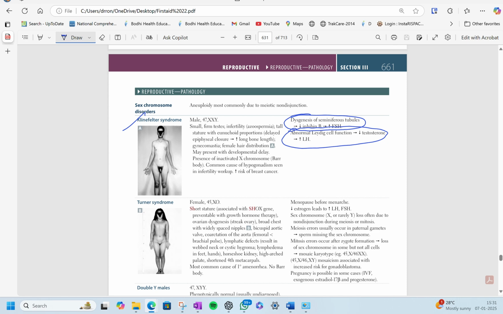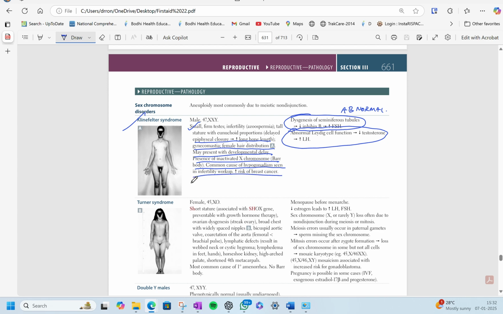So this is abnormal. Then there will be small firm testes, tall stature because of delayed epiphyseal closure, gynecomastia, and female hair pattern. Developmental delay may be present, and it is a common cause of hypogonadism.